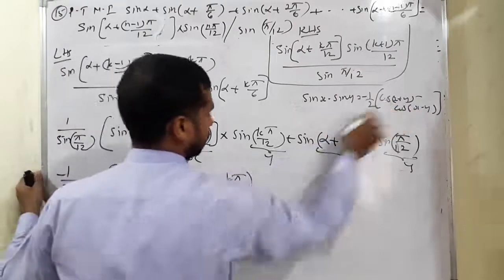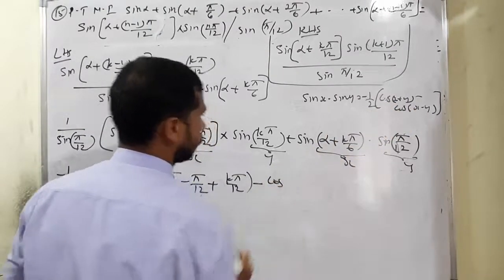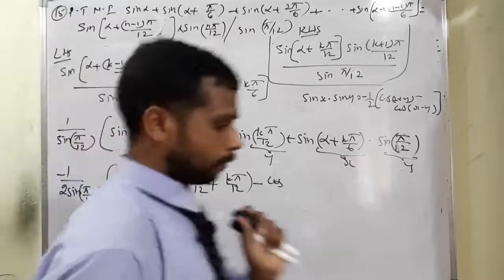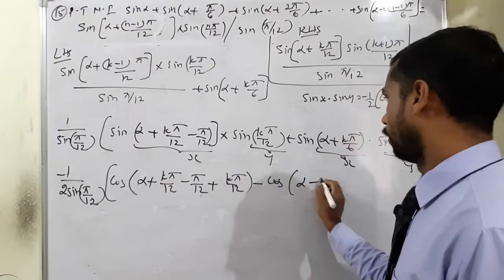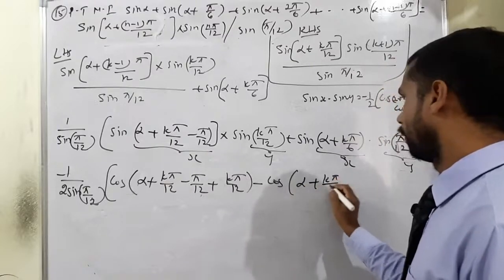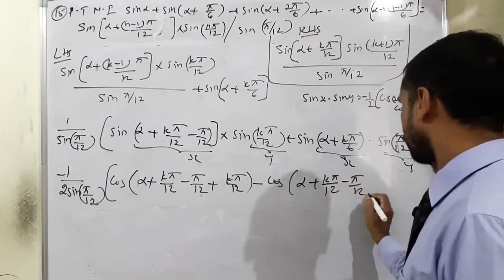Next, cos (x plus y) minus cos (x minus y). So x minus y means, what is the value of x? Alpha plus k pi by 12 minus pi by 12.